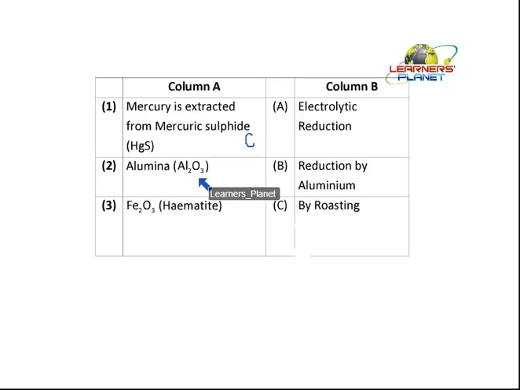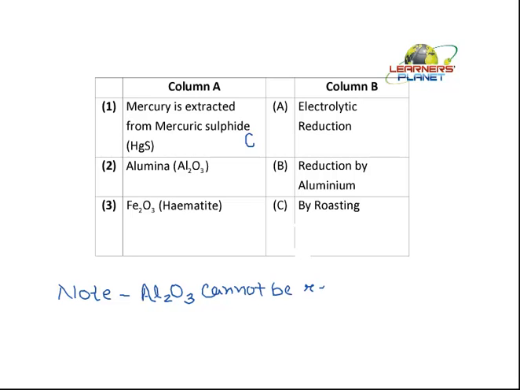Then alumina. Alumina cannot be reduced by carbon. Remember that. Because, I'll put a note here: alumina, that is Al2O3, cannot be reduced by carbon. Why?